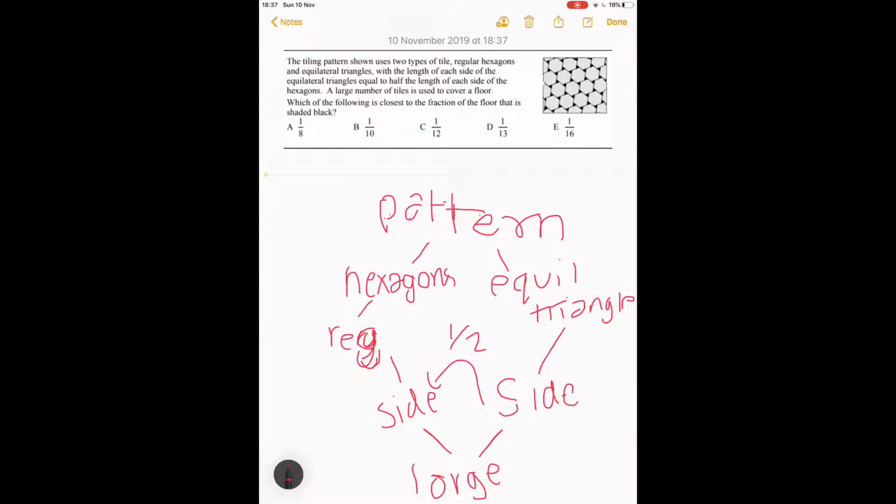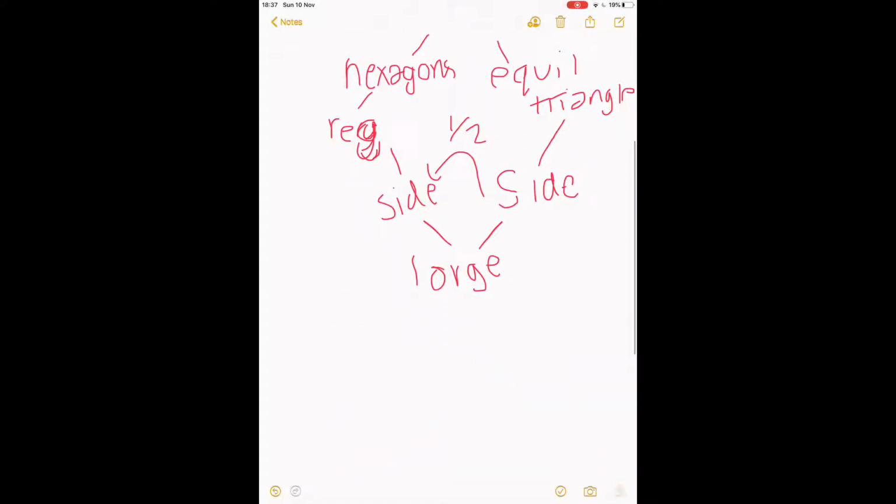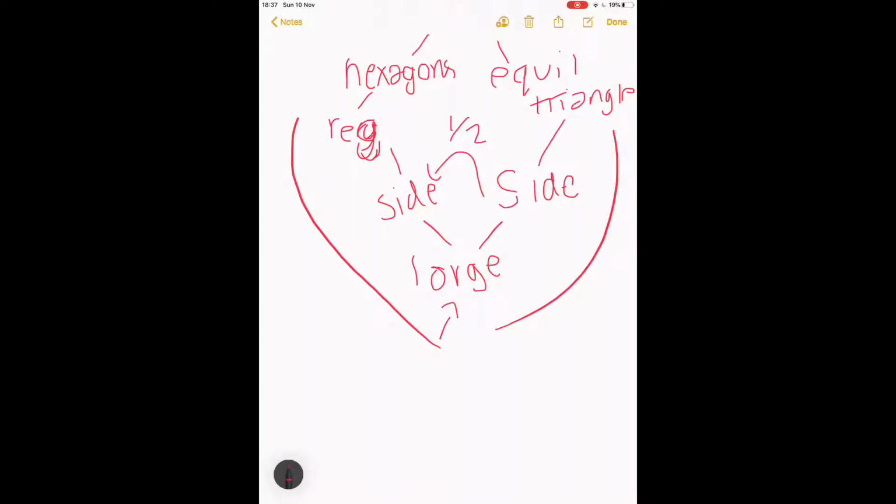So which of the following is closest to the fraction of the floor that is shaded black. Okay, so that's our mind map.